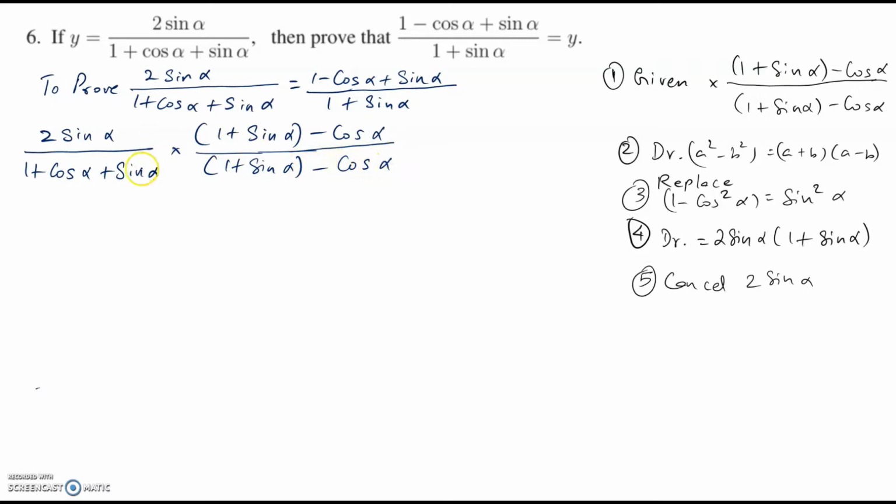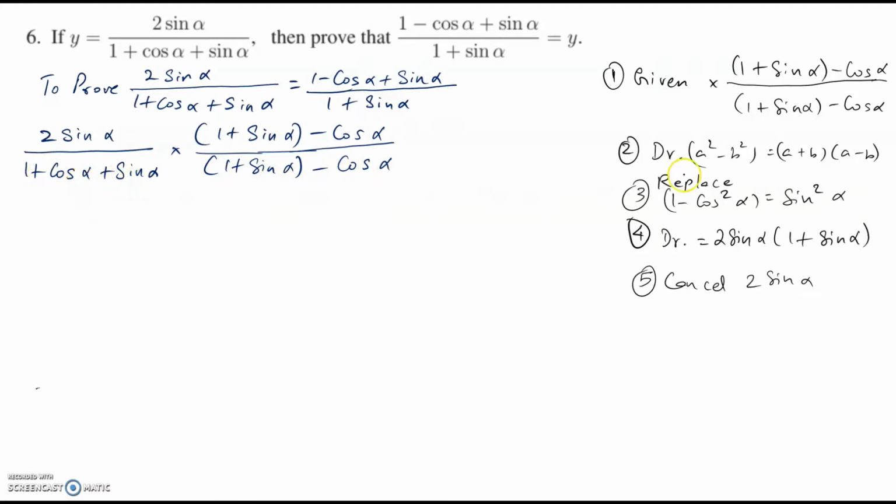Okay, now can you see the denominator is in the form of a plus b into a minus b. If our a is 1 plus sine alpha, you have the 1 plus sine alpha here, and if our b is cos alpha, then this is a minus b and this is a plus b.